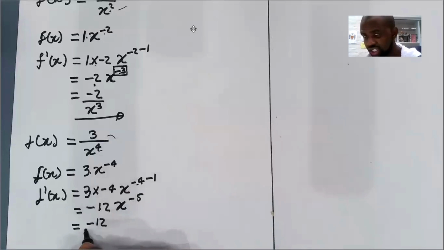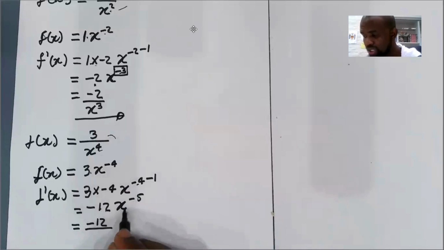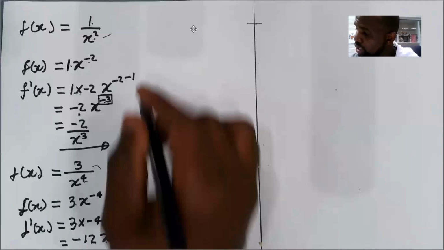Remember, the coefficient has nothing to do with this base and this exponent. So we're going to just say x to the positive 5. I hope we are still on the same page. Let's do another example.